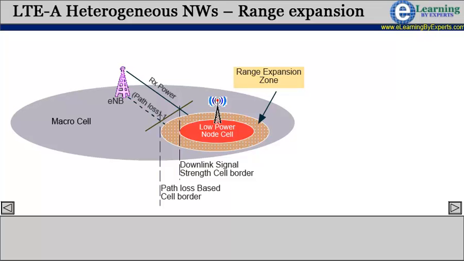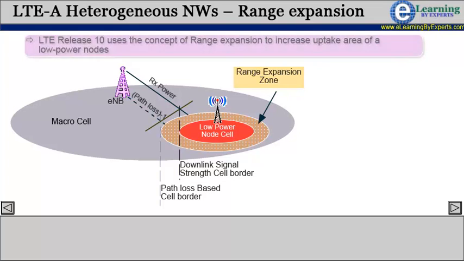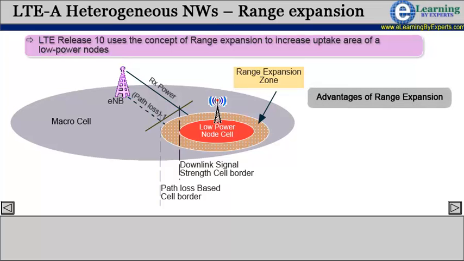LTE Release 10 uses the concept of range expansion to increase the coverage area of low-power nodes such as femtocell or picocell. The advantages of this technique are enhanced uplink data rates, by at least partially taking uplink path loss into account when associating terminals with a low-power node.